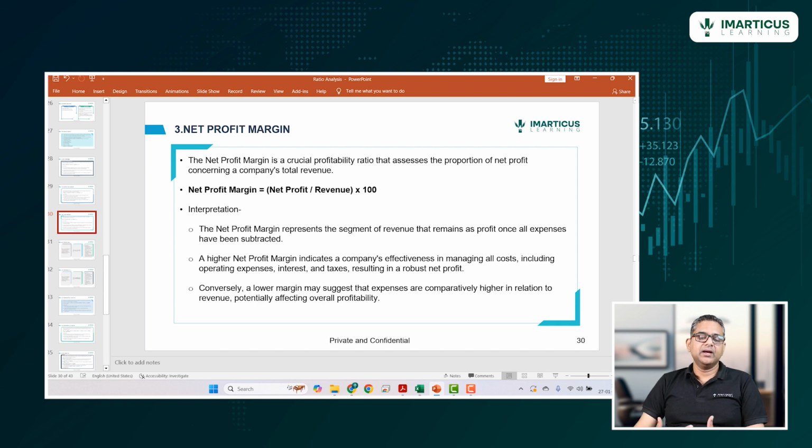So, again, it is a way to capture how efficiently we are able to manage our expenses, our costs. If that is controlled better, that company will be able to showcase a higher net profit margin as compared to other companies in the same industry.